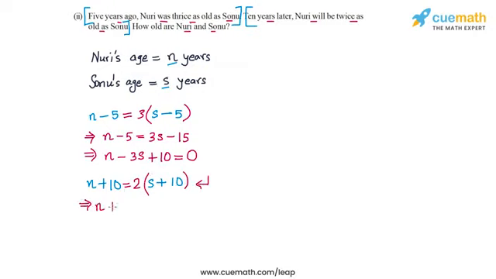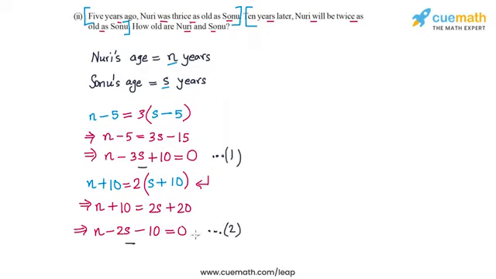Let's simplify it. So we have n plus 10 is equal to 2s plus 20, which means that n minus 2s minus 10 is equal to 0. So the two equations we get are n minus 3s plus 10 equal to 0, let's call it 1, and the second equation, n minus 2s minus 10 equal to 0, let's call it 2.